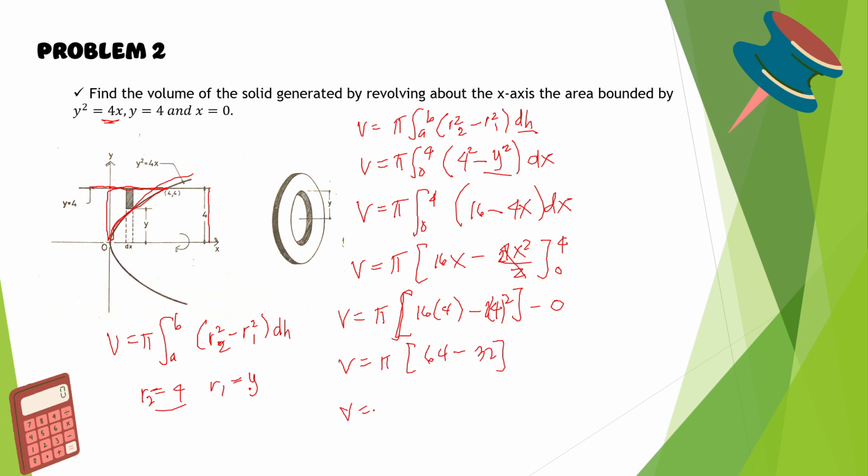Therefore V is equal to 32 pi, or approximately 100.53 cubic units. So that's all about problem number 2.